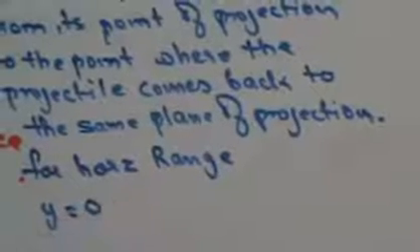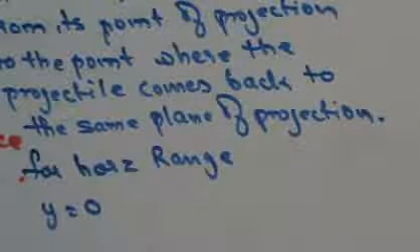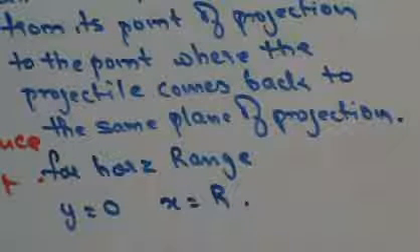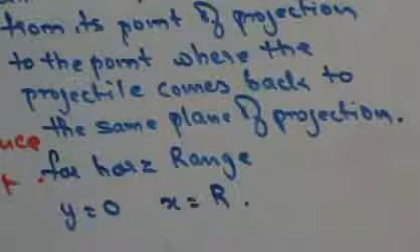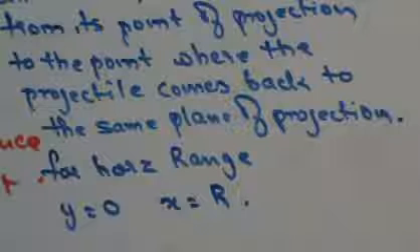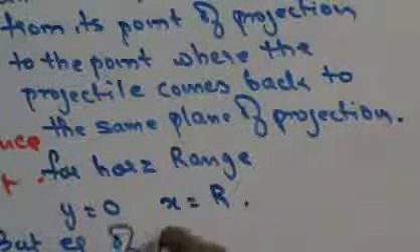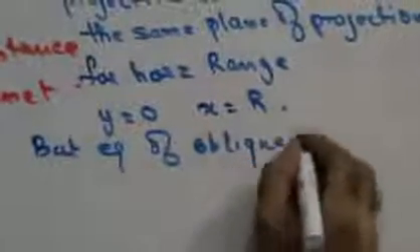So I can say for horizontal range, we know that the vertical distance that the projectile is going to cover is 0, and the horizontal distance that it is going to cover is R. Right? Substitute these values in the equation of oblique projectile.